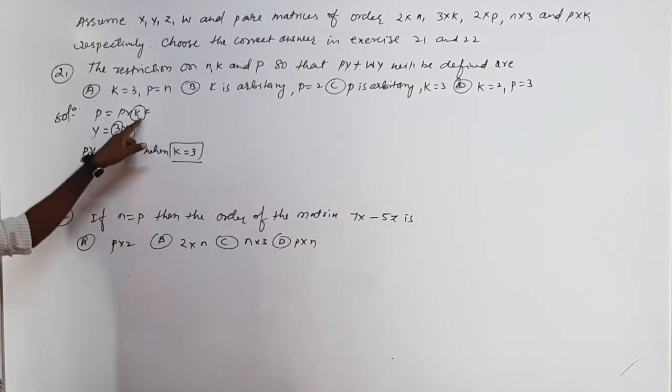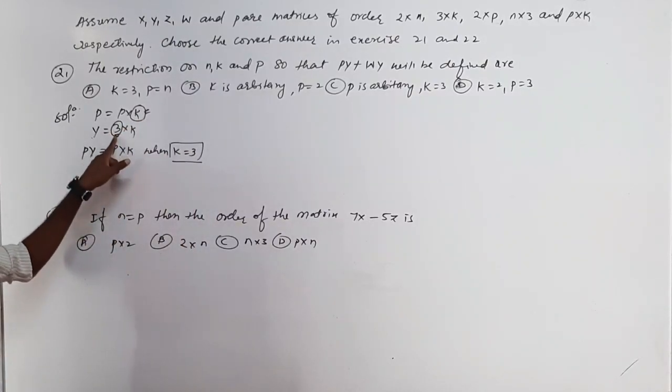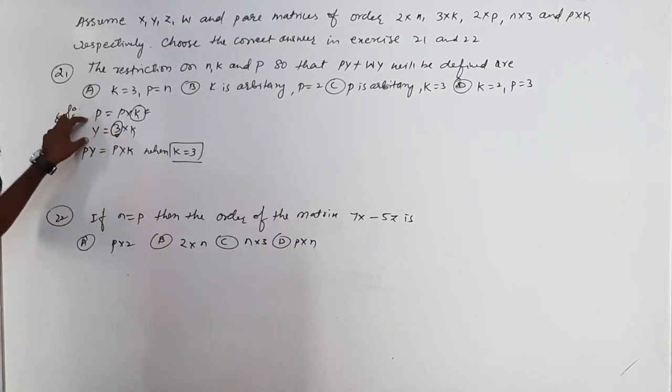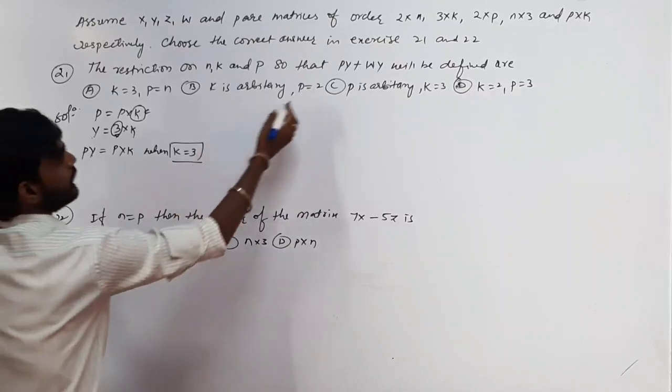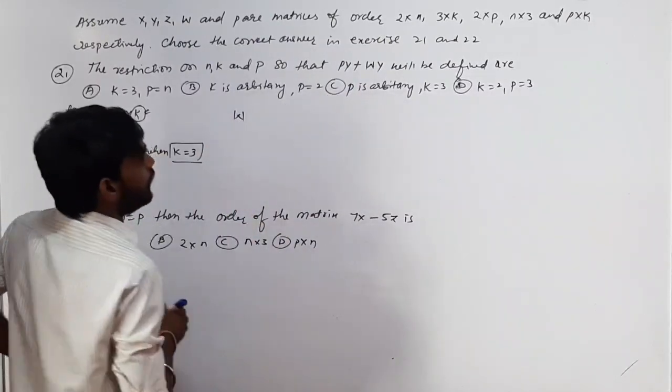So K is equal to 3, then the column and row will be equal, then the PY order will be P cross K. Clear?